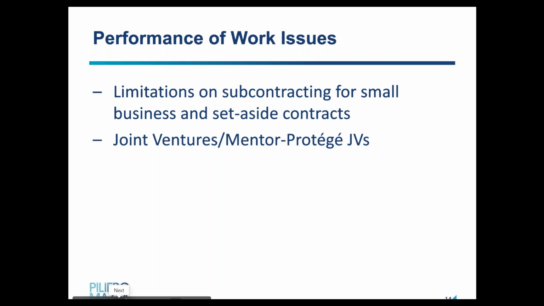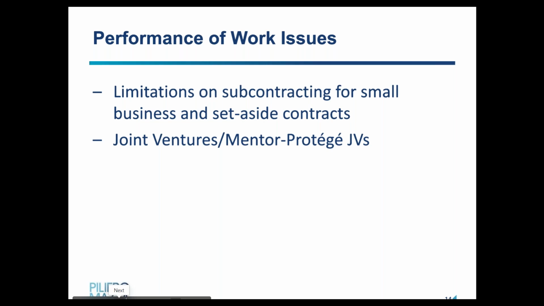And so if there's a situation where the prime contractor, small business, is not complying and is passing through too much work to its subcontractors who are not similarly situated, meaning that they're not a small business on a small business set aside, or they don't have the same socioeconomic designation for a WOSB, SDB, OSB, HUBZone set aside, that they're not exactly the same designation as required for the prime contract, and they are passing through more than is allowed under limitations on subcontracting, that could be a basis for FCA liability.